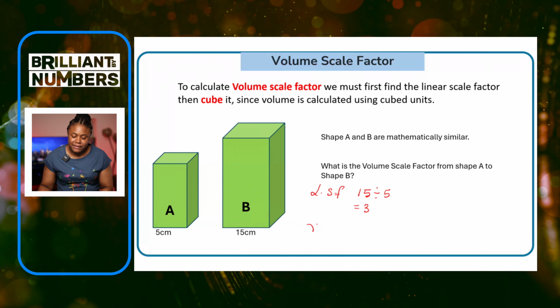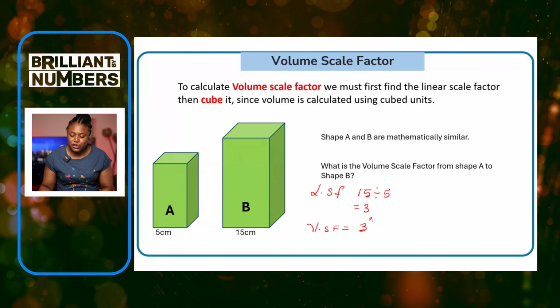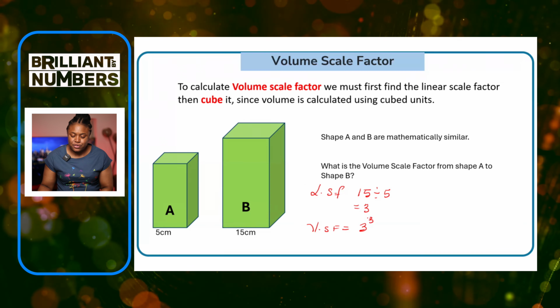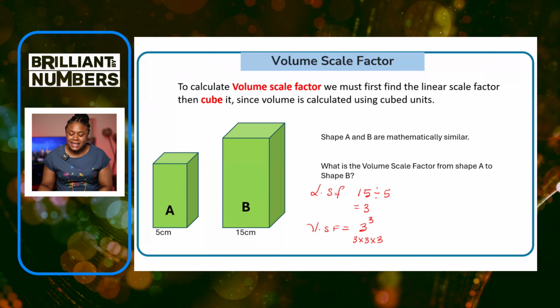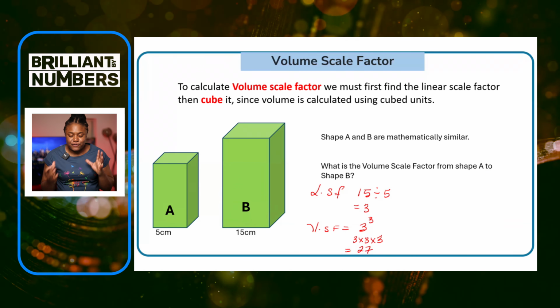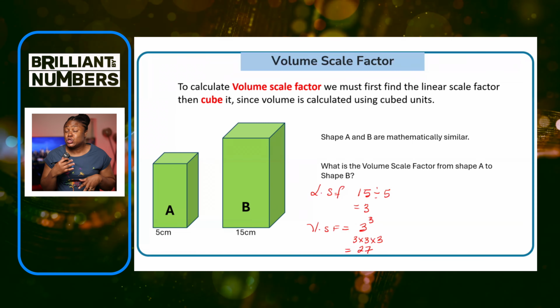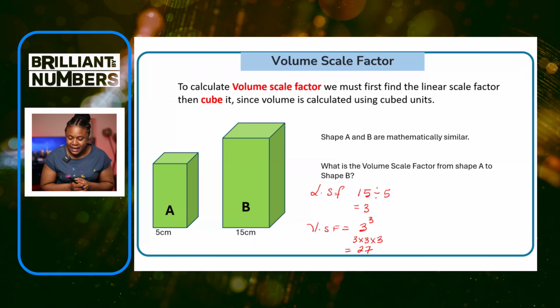So therefore, my volume scale factor will be 3 cubed, which means 3 times 3 times 3. So 3 times 3 times 3 is 27. So therefore, the volume of shape B will be 27 times larger than the volume of shape A.